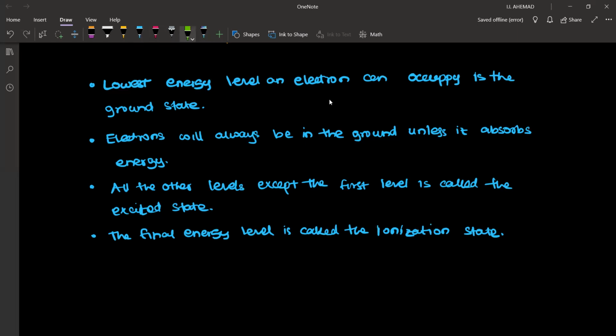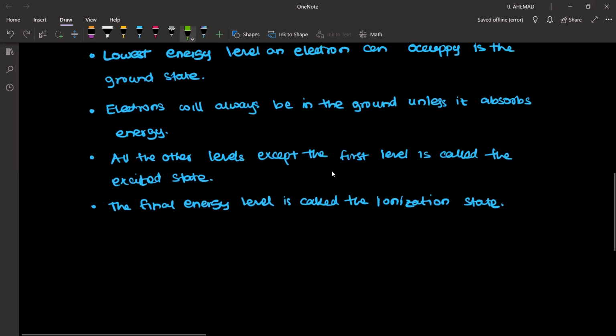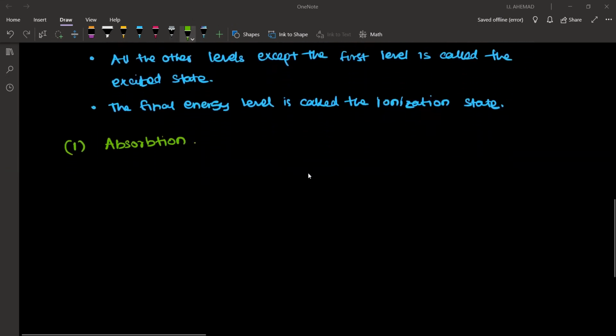So now let's discuss what absorption is.